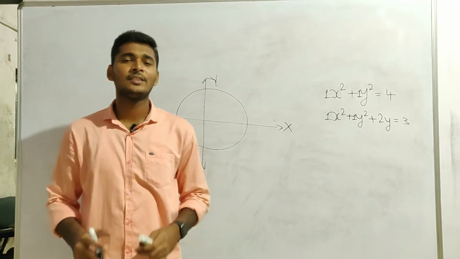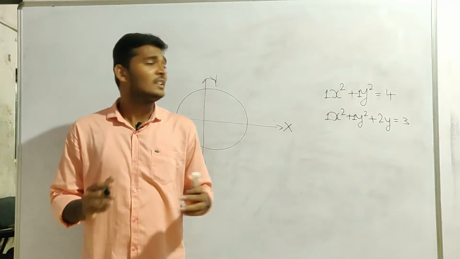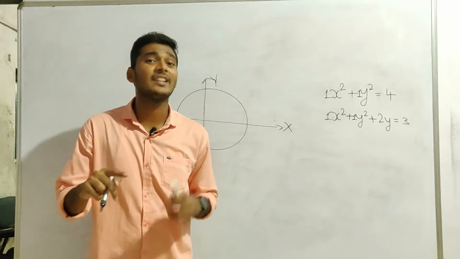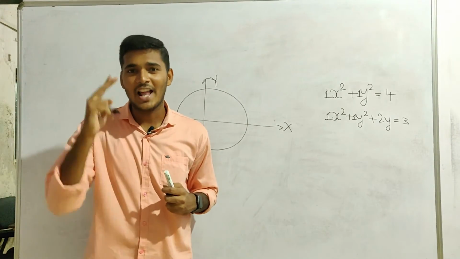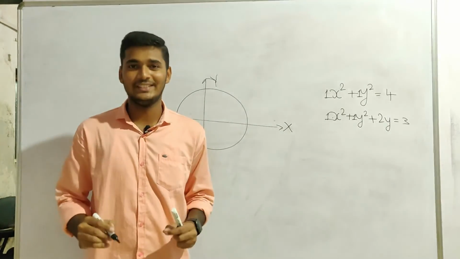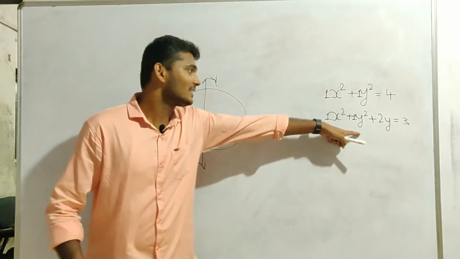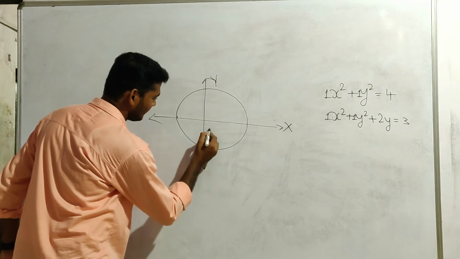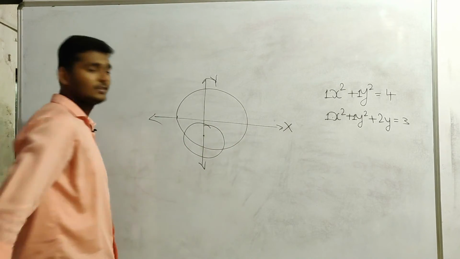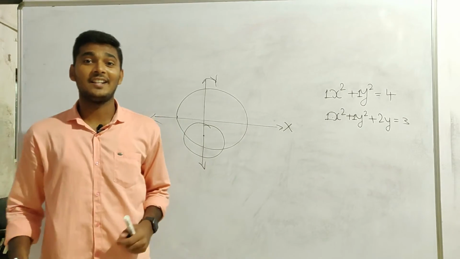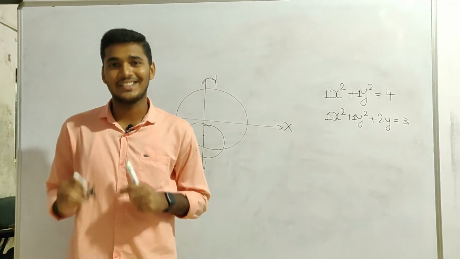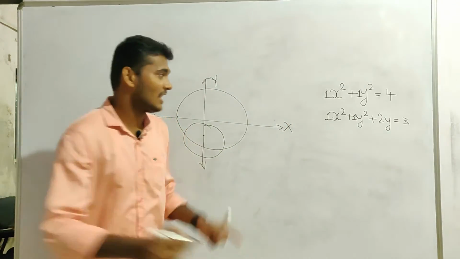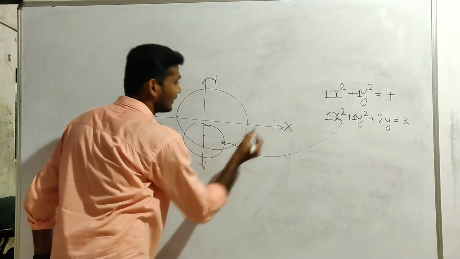Well, whenever I try to plot such an equation in which the maximum power of x and y is 2 and the coefficient is 1, I will end up getting a circle, always. But obviously this circle will be different from this one. It will come somewhere here, like this. But the important point to understand is, if I take this type of equation, I will always end up having a circle.